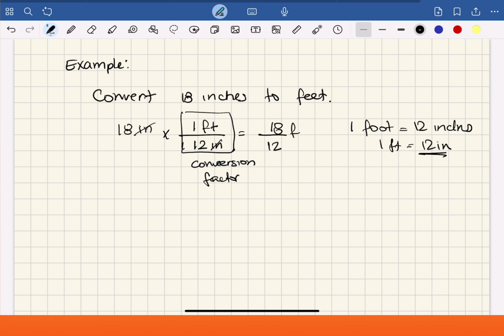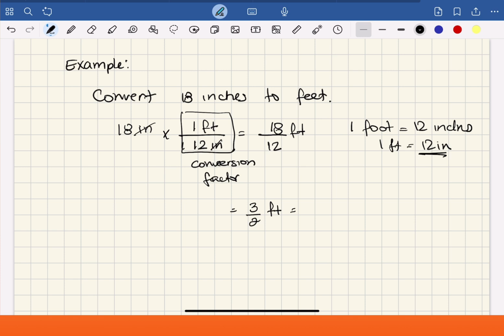And you have feet because the inches were canceled out. Now, you can simplify this. Make sure you practice simplifying fractions. If you simplify, you can divide both numbers by 6, so 6 goes into 18 3 times, and 6 goes into 12 2 times. So you have 3 halves.